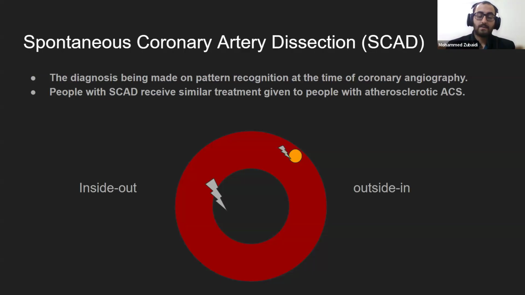This is the outside-in approach. So both of these pathways result in a common pathway, which is intramural hematoma that could expand and block the lumen.